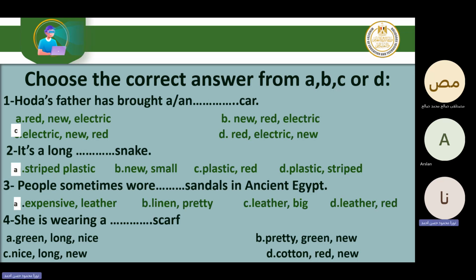Green long nice scarf, pretty green new scarf, nice long new scarf, cotton red new scarf. Which one is the correct? It's C. Nice. This is the description. Long, the size. New, this is the age.